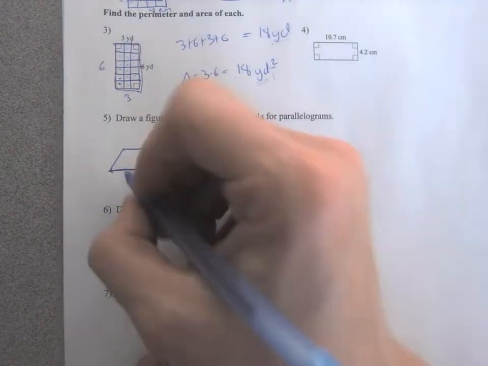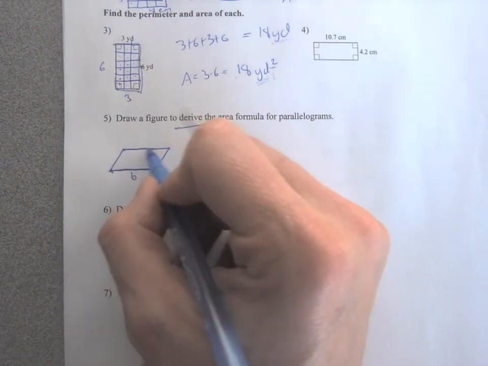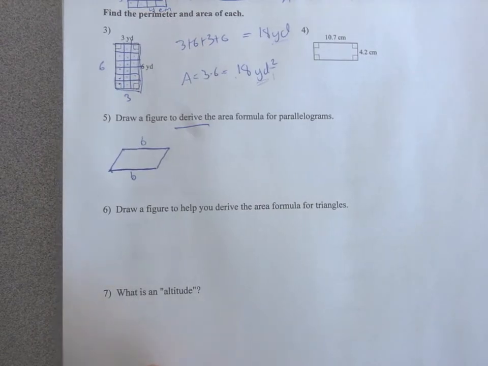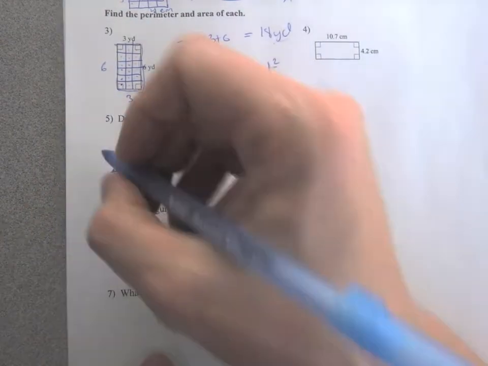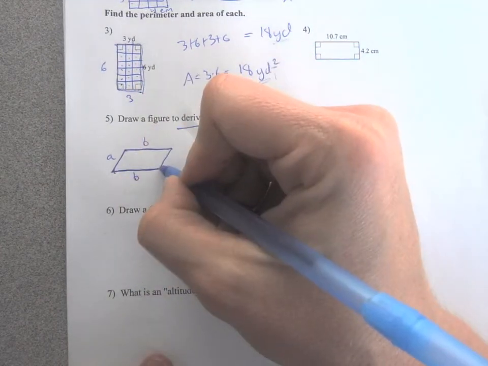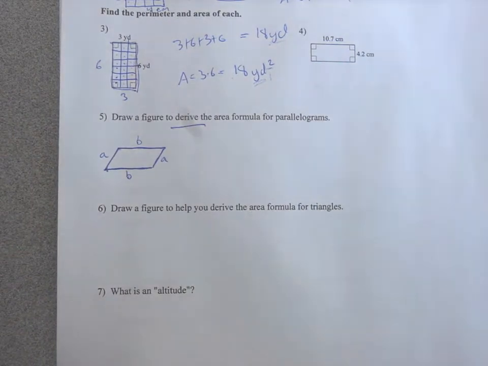I'm going to call this side B for base. And since this one has to be the same length, I'll label it B as well because those are going to be equal. I'm also going to call this side A, and then this one I will call A as well because these have to be the same. So it's like a rectangle, but it doesn't have right angles.